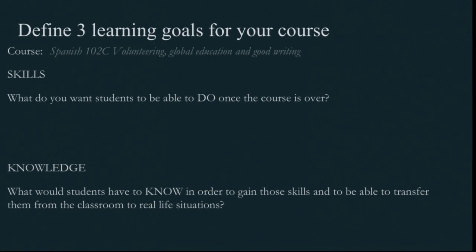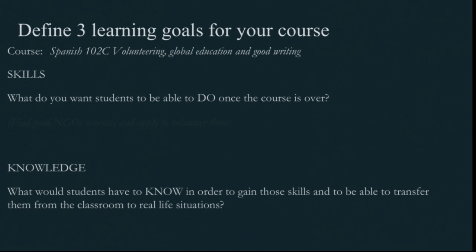To give you an example, I'm going to refer to Spanish 102C, Volunteering, Global Education, and Good Writing. That was a course that included volunteering locally and also preparing students to volunteer internationally in Latin America. So it has everything to do with getting to know the cultures that we teach in our department, and also with the professional life of our students.